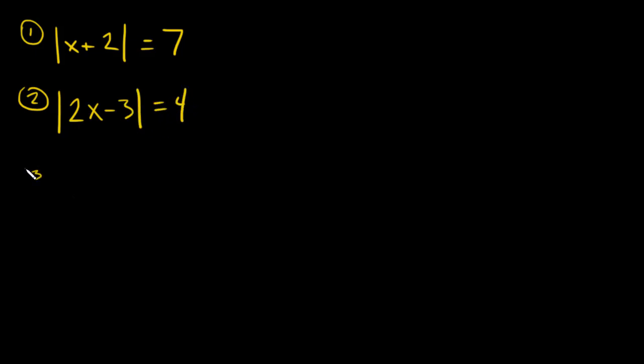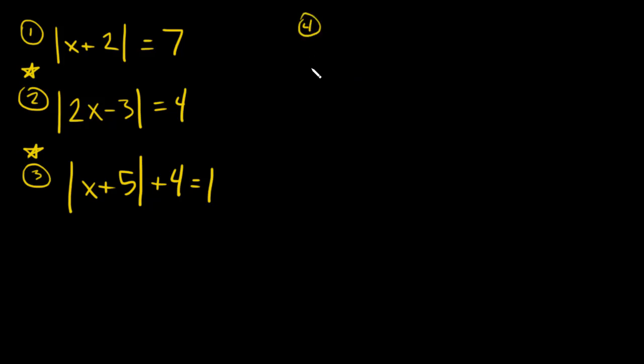And number 3 is going to be absolute value x plus 5, plus 4 equals 1. And I want to star this one and this one. Okay? For 4, let's go with root x plus 1 equals, let's try 3.